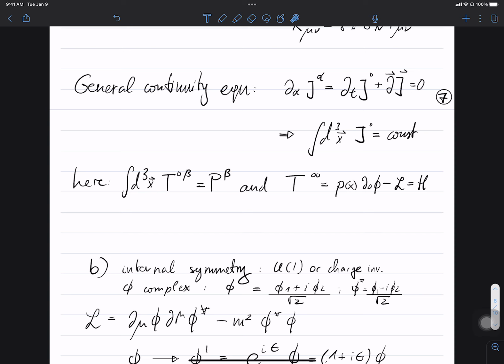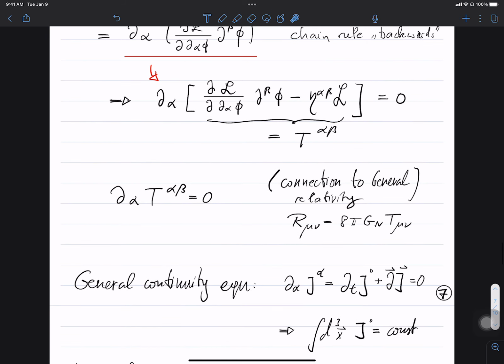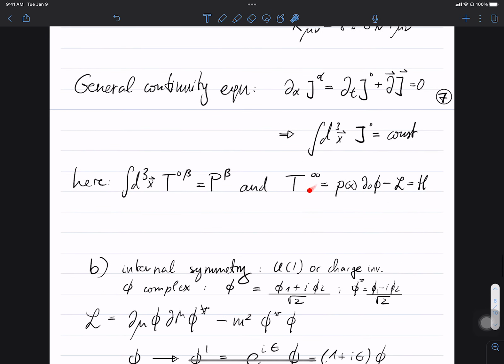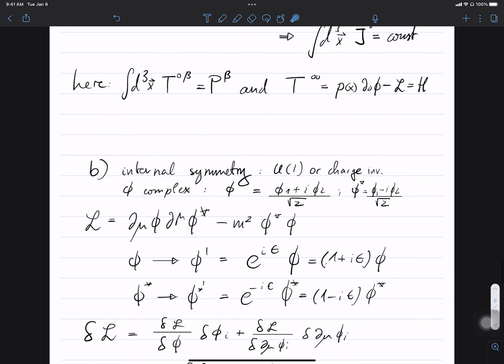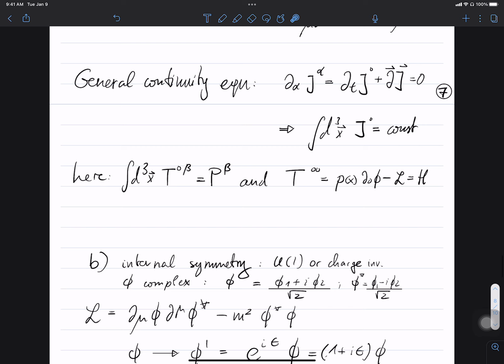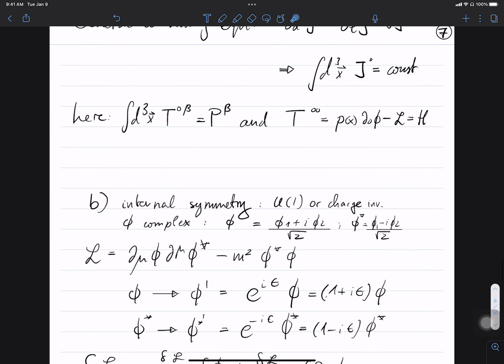Furthermore, checking the definition of T, we can verify that the 0, 0 component is just the canonical momentum multiplying the time derivative of the field minus the Lagrangian. We can verify it explicitly by putting in the indices here, 0, 0. And we see that this is equal to the Hamilton function. So the energy momentum tensor is a tensor that has the energy in the 0, 0 component and the spatial momenta components and the diagonal components.